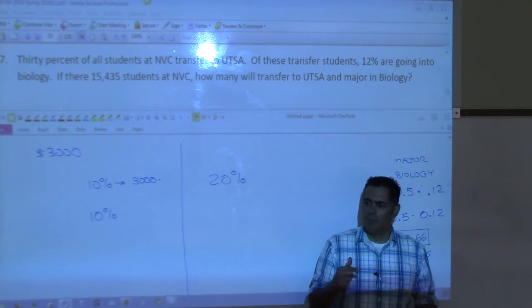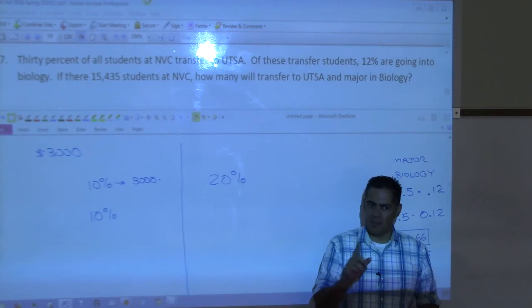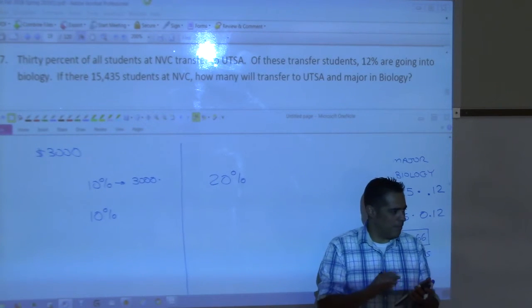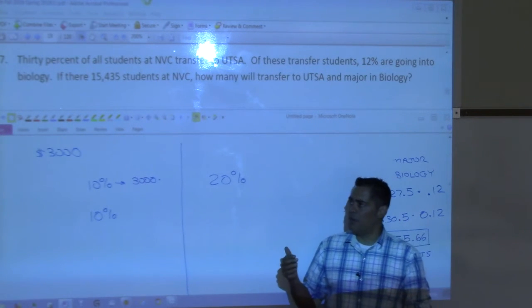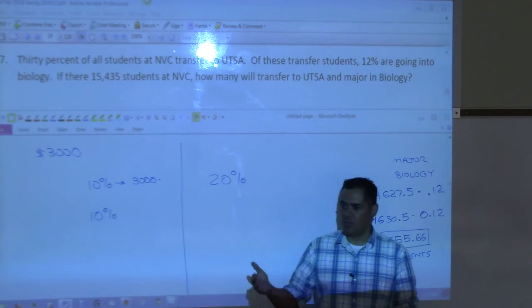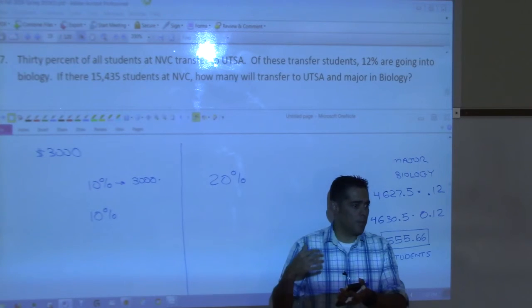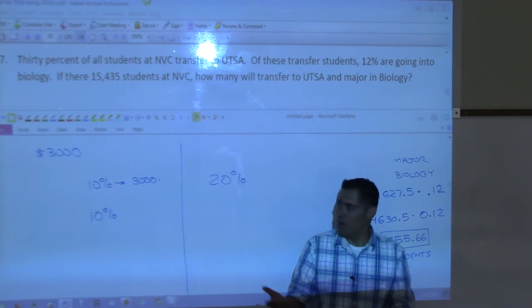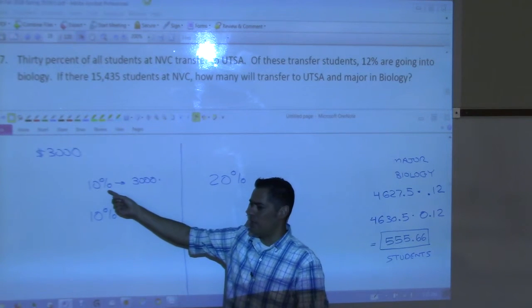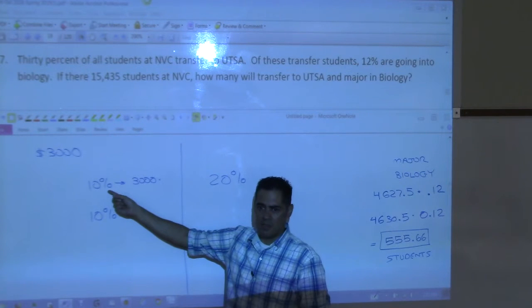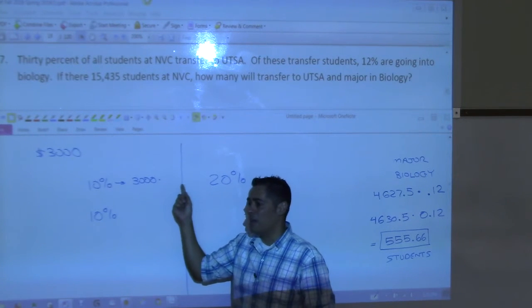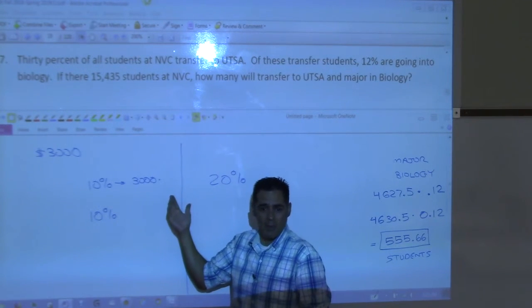But here's something I suggest if you're ever doing money computations: if there's a certain percent off, don't multiply to figure out how much is off. Just multiply by how much you have to pay. If they take off 10%, I have to pay 90% of it, so multiply by 0.9 instead. That gives you how much you're paying.